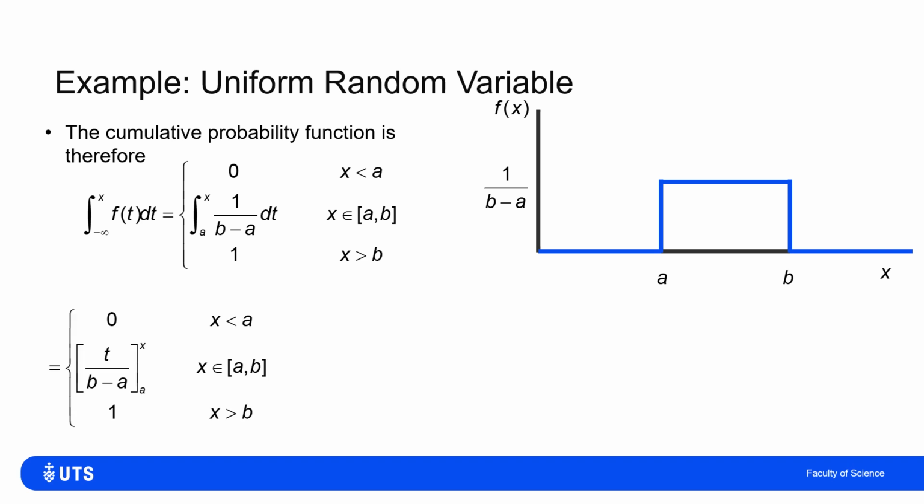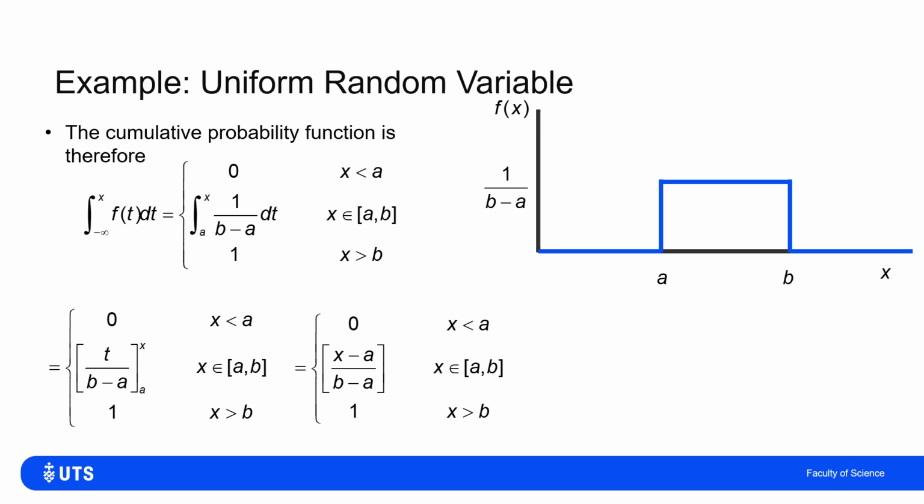If I do that, I'm just integrating the constant 1 over b minus a with respect to t, so I'll get t over b minus a between the 2 limits of a and x. If I plug those through, I'll get x minus a over b minus a.